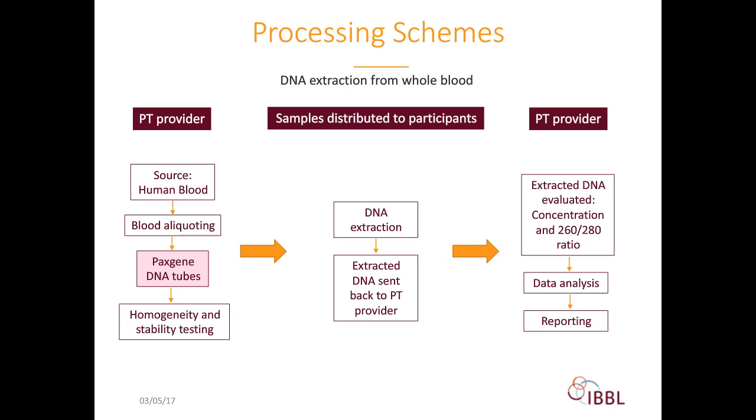Participants extract the DNA with the routine extraction method and send the extracted DNA back to the proficiency testing program provider. The provider performs measurements on all the DNA samples in one run, does the statistical analysis, and provides a report to each participant where the performance in terms of yield or other characteristics can be seen.